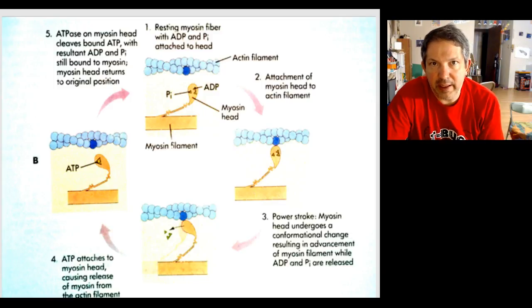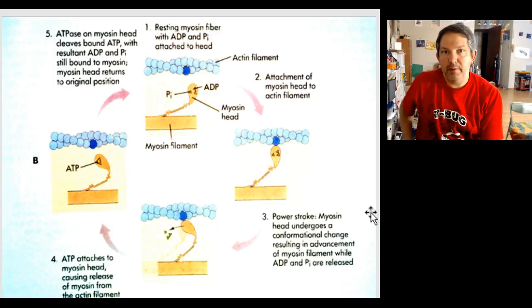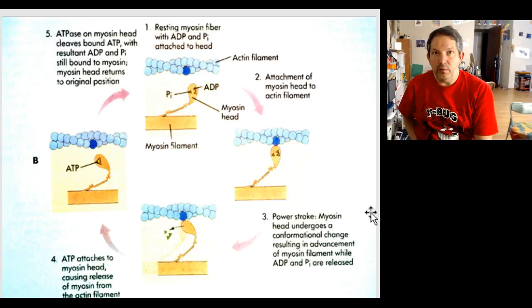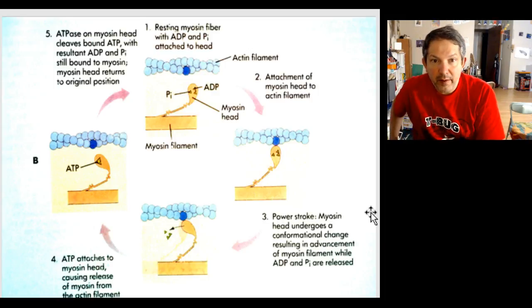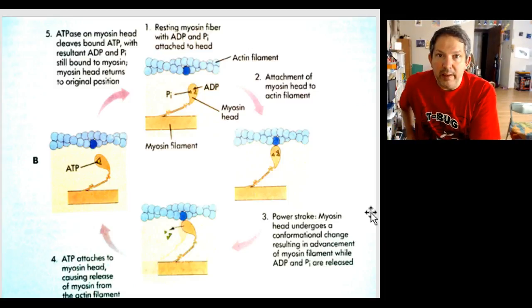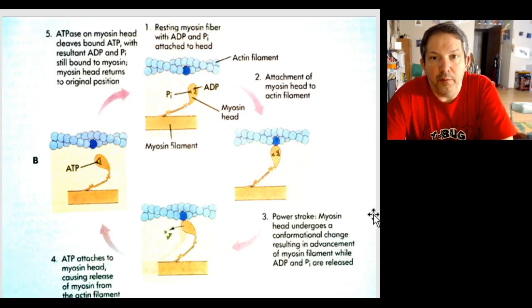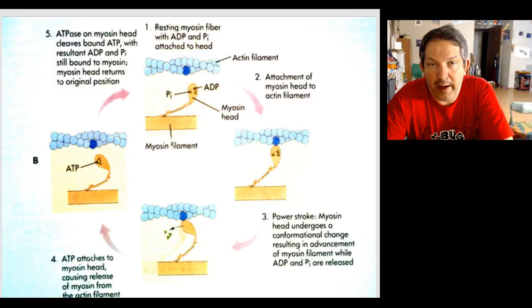Now, how does this actually happen? It happens because energy is expended. It does require ATP, and the binding site on actin filaments, there are these binding sites. If they are uncovered, then myosin will attach.